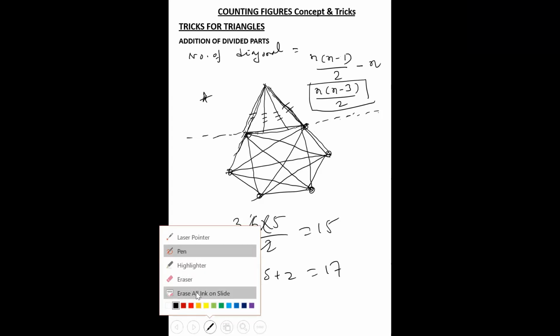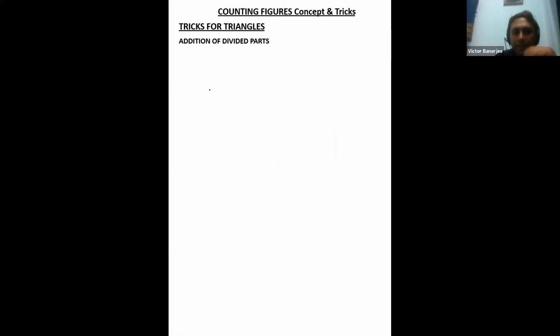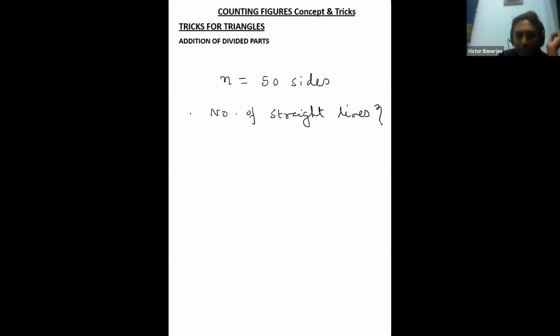Okay. Fine. So now tell me, for example, suppose you have a closed figure which has 50 sides. Tell me the total number of straight lines when all the diagonals are joined. This is question 1, and tell me the number of diagonals.